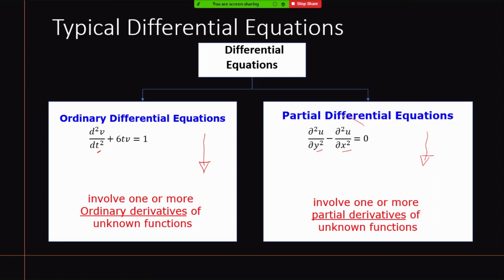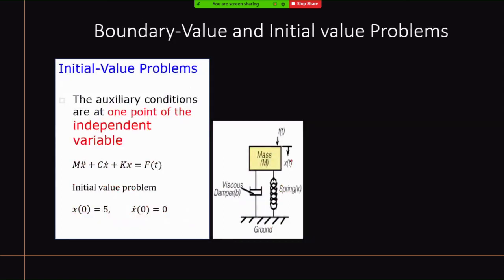The initial value problem is this spring mass damper system. In this system, there is a mass, a spring and a damper, and it is fixed at the ground. When we give some force to this, the mass has some initial condition at time t equal to 0. I want to do the analysis with respect to time.